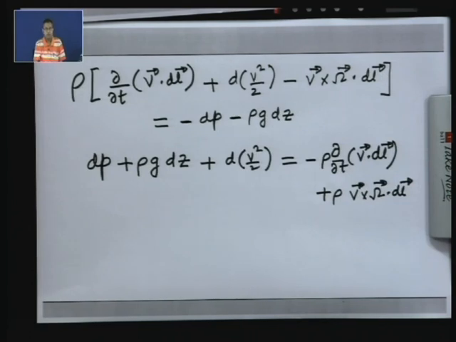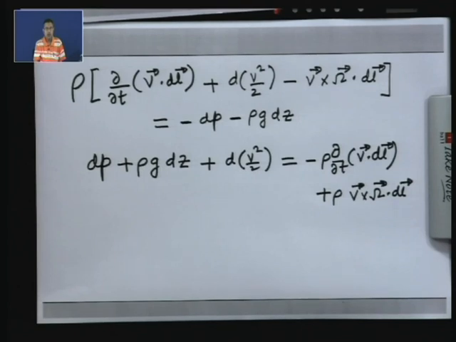Okay. We have just rearranged the equation.